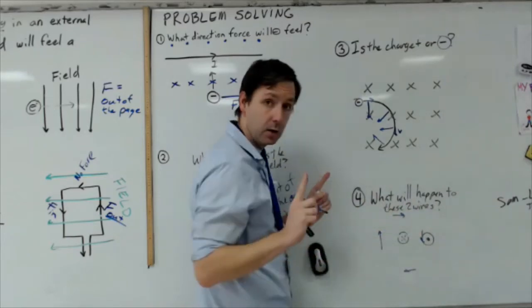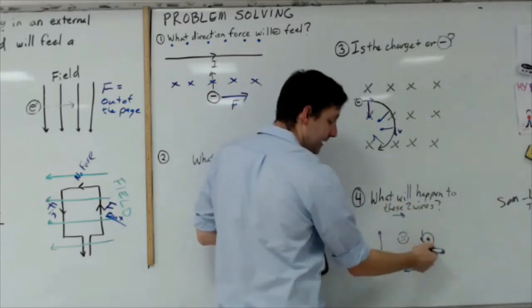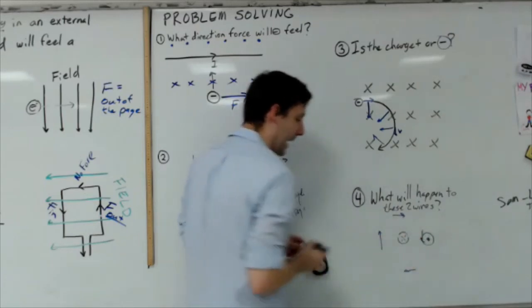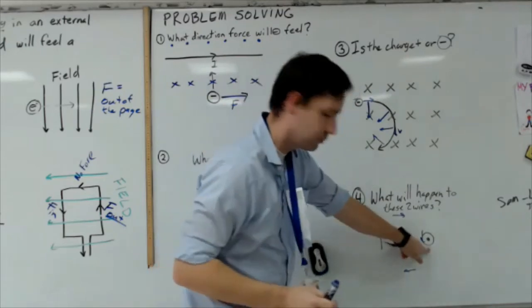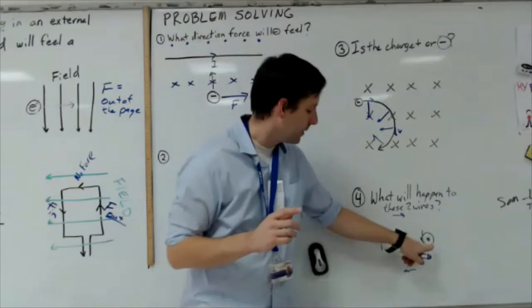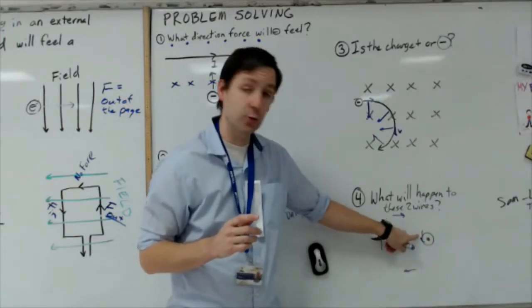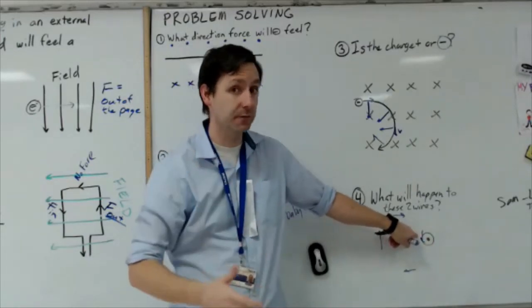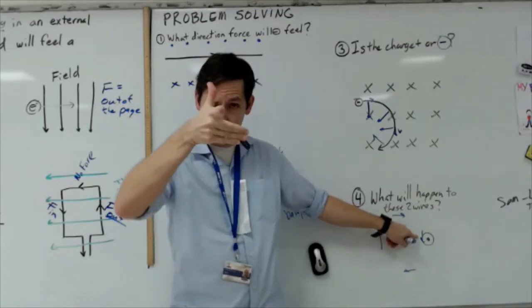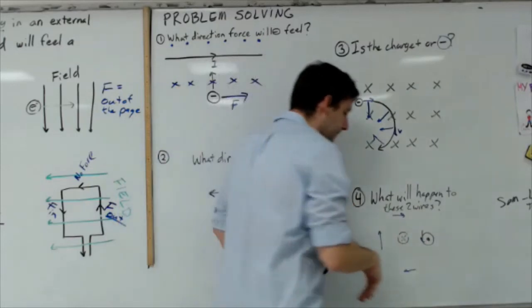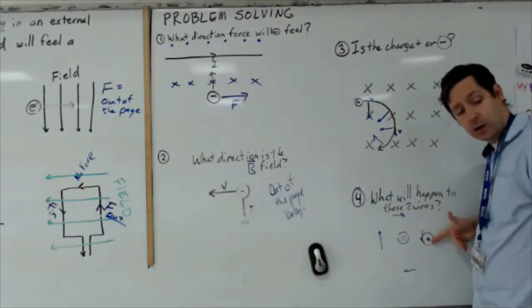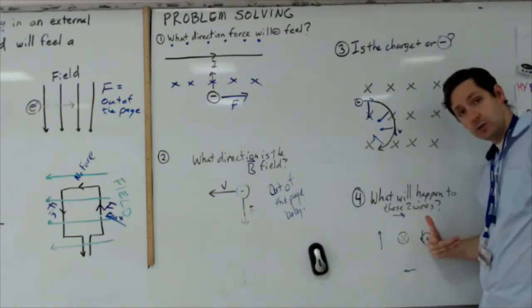Now, because the field is going this way and this current is going through that field, what's going to happen to that wire over there? Well, now we're looking at this charge moving through this field, which is an external field. It's coming from somewhere else. So we're going to need our other right-hand rule, the one with all the nice right angles. The velocity here is out of the page.